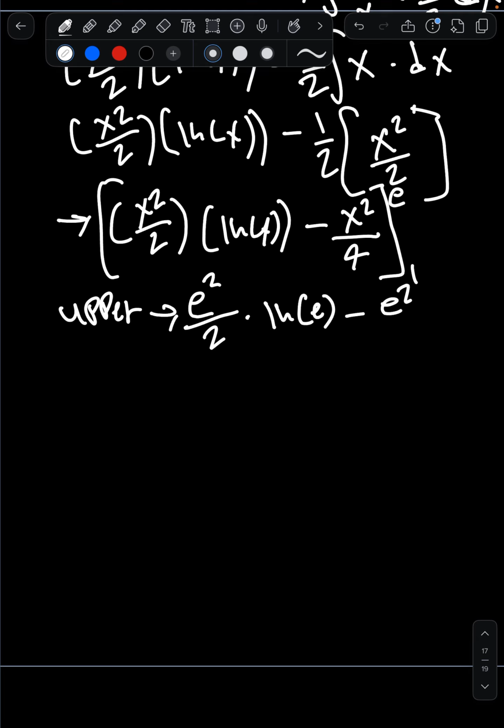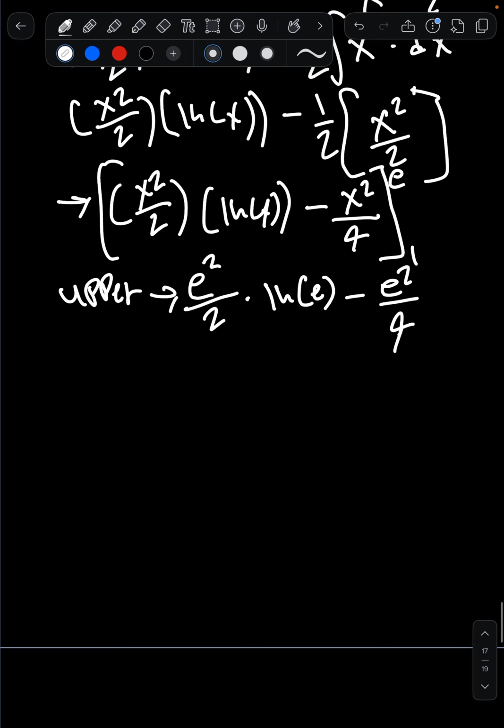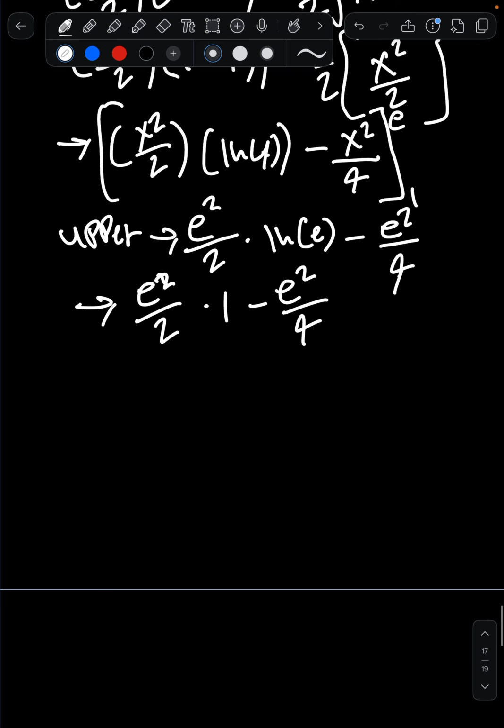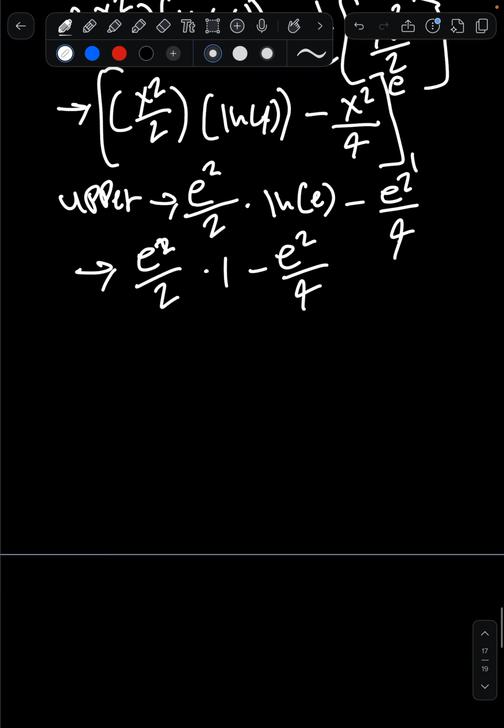It's e squared divided by 4. Okay. Let's start on the left-hand side. e squared divided by 2 is going to stay for now. But notice the natural log of e. The natural log of e is just 1, minus e squared over 4. Notice that the 1 doesn't really matter.